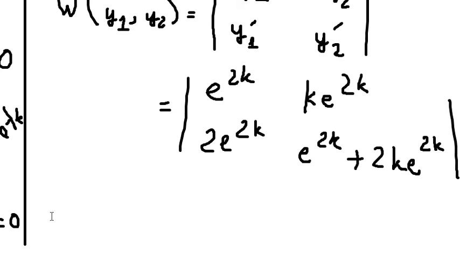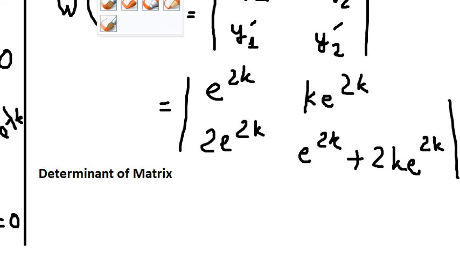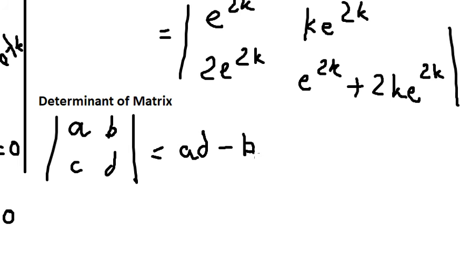Now we need to find the determinant of the matrix. So the formula should be like this: A multiplied by D minus BC.